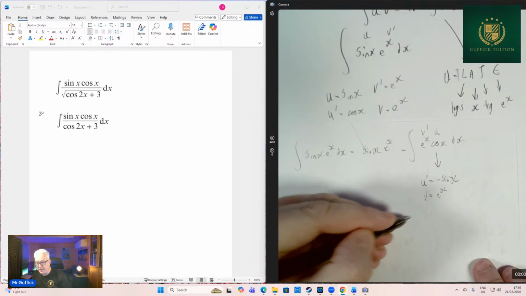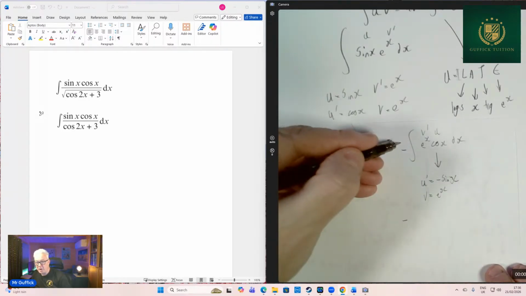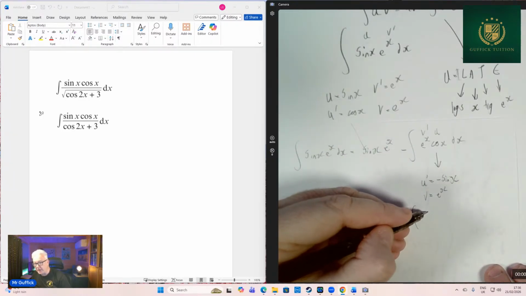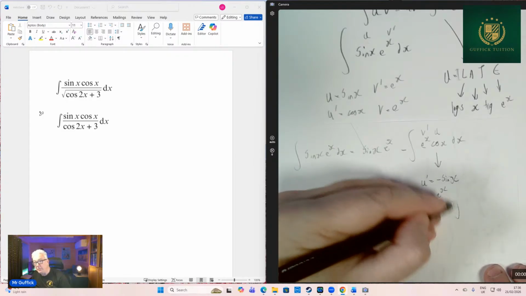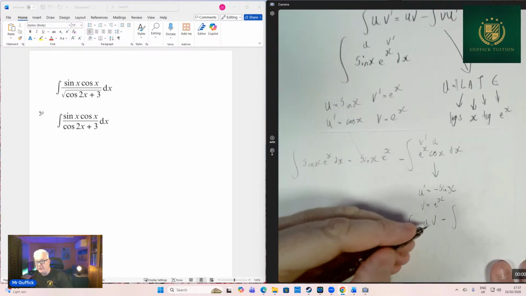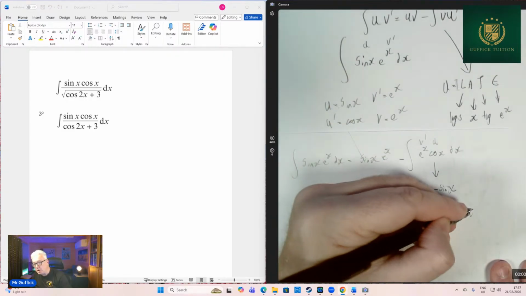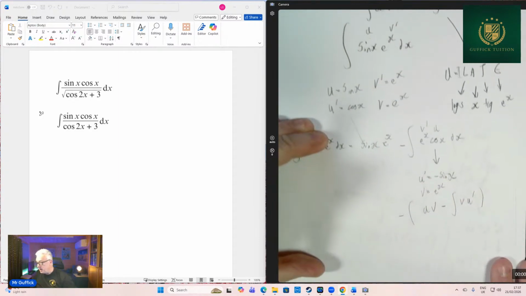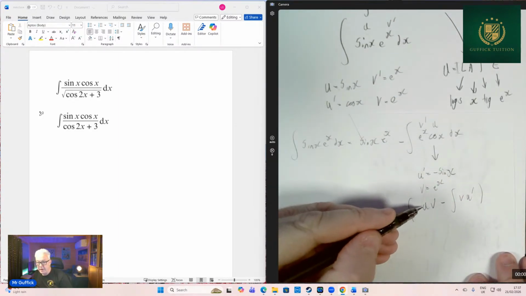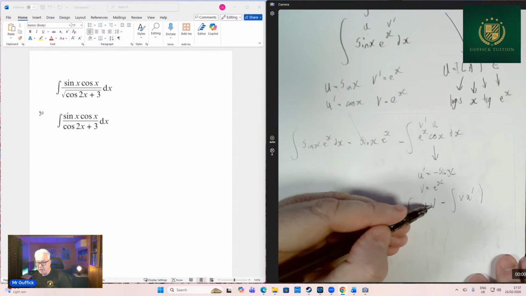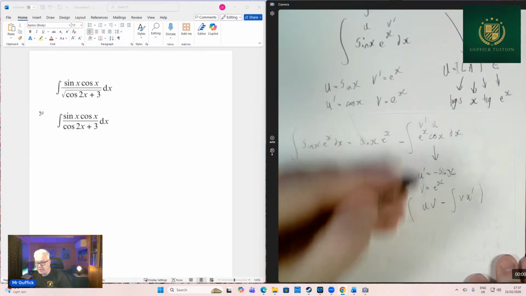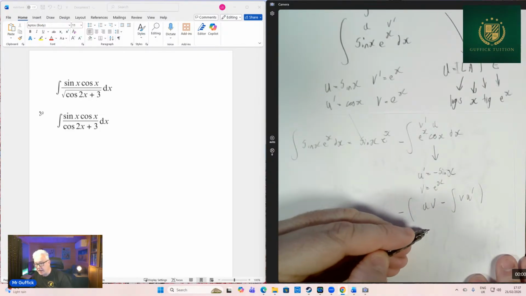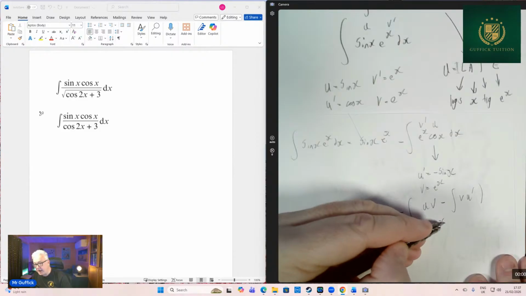Okay, so now when we put that into our formula, let's put a minus there and a bracket around this whole thing, and let's write uv minus the integral of v u dashed. So we do u times v. Our u is cos x, and v is e to the x.